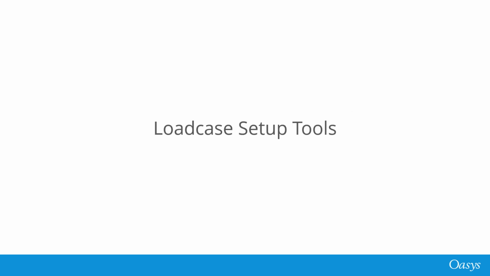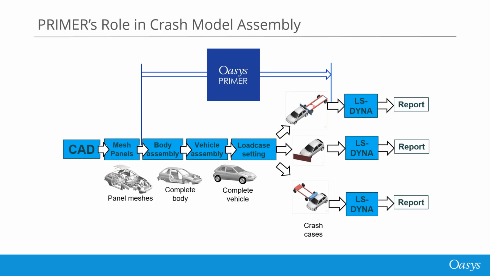Okay, so let's go through some of the automotive loadcase setup tools available within Oasys PRIMER. Just a diagram first to show where Oasys PRIMER fits in the LS-DYNA workflow. So Primer is used for all model assembly and setup, checking and loadcase setup. And today we're specifically looking at the loadcase setup tools that are available.